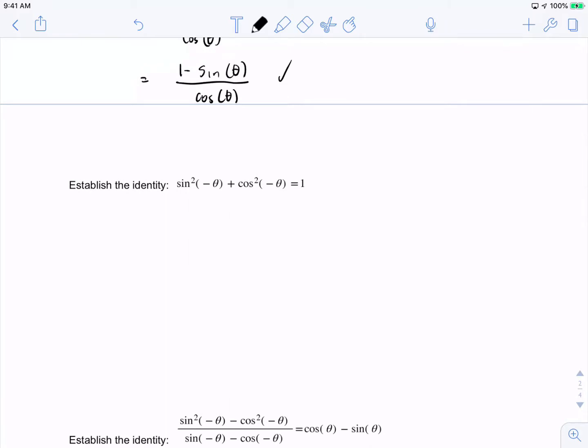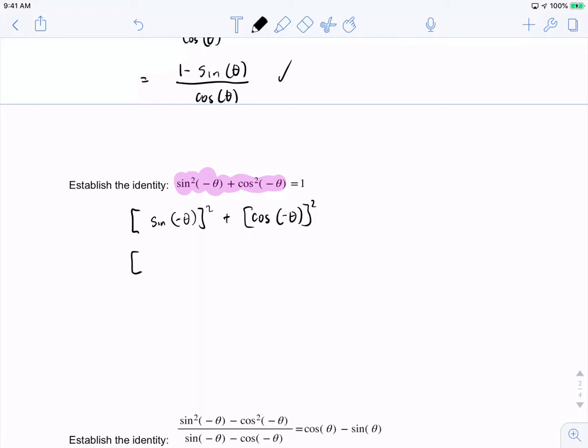Right, with this problem here, I'm going to use the rules that we know. Sine of negative theta squared plus cosine of negative theta, that whole quantity squared, is equal to 1. Well, that's what we're trying to show. So I'm going to, again, only be working with this side.